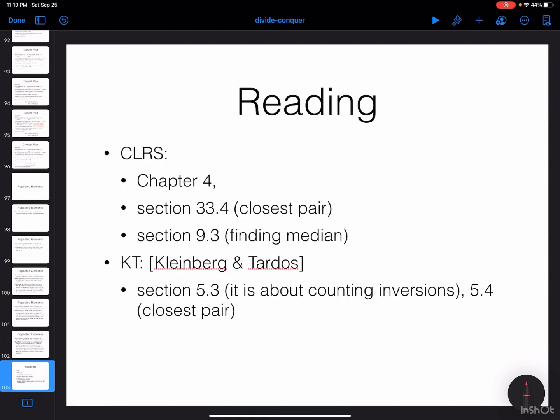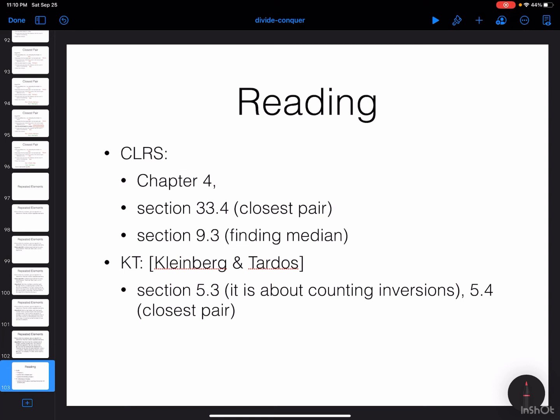So the main purpose of this week was solving more interesting problems using the divide and conquer approach, and showing you different ways of applying this approach.